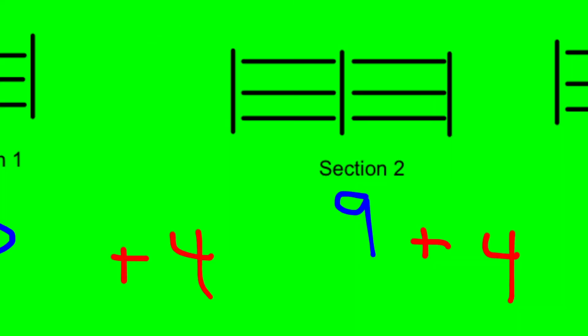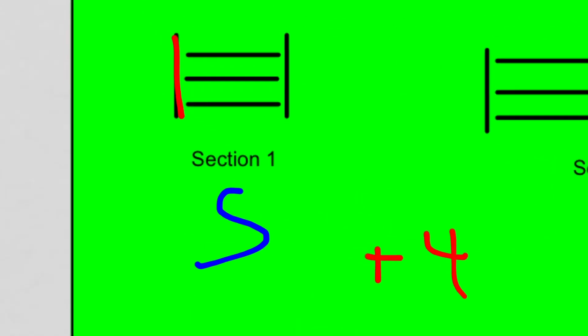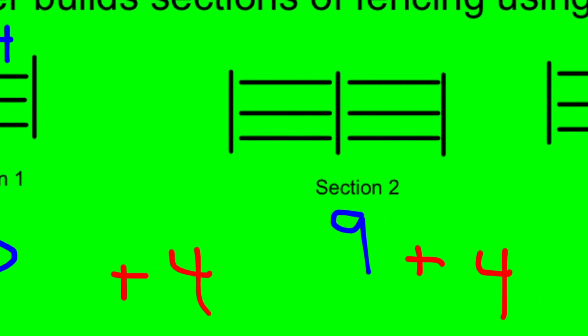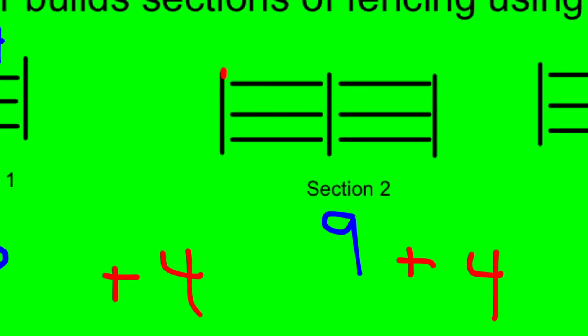So if we go back to section 1, if we start with our initial post, there was 1, and then we also had our 4 rails that we added onto that to make 5. And then in our second section, we had our 1 post we started out with, and then we had 2 groups of 4 that we added on.